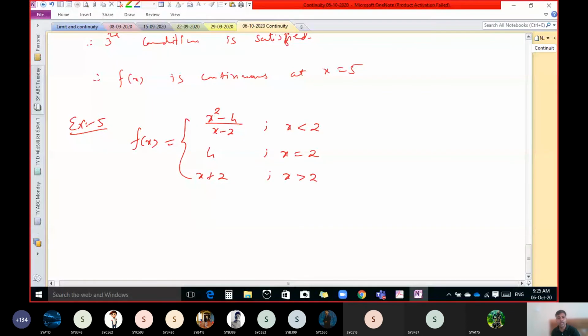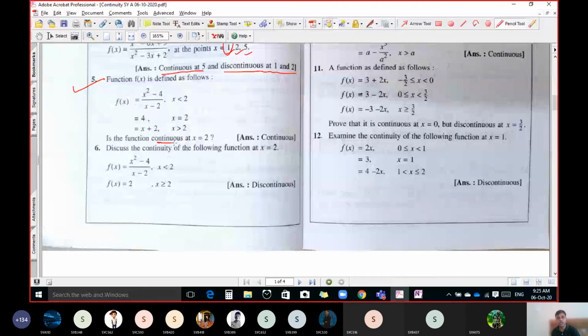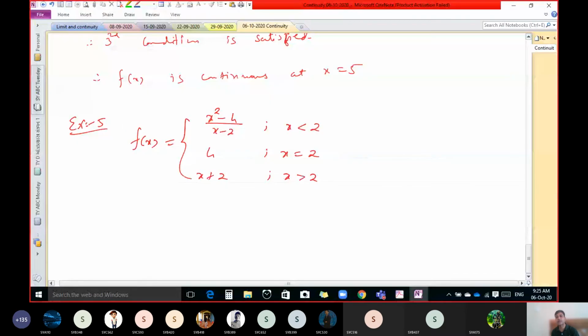We want to check, is the function continuous at x equal to 2? So we have to check continuity at x equal to 2. Now let us find out the answer.